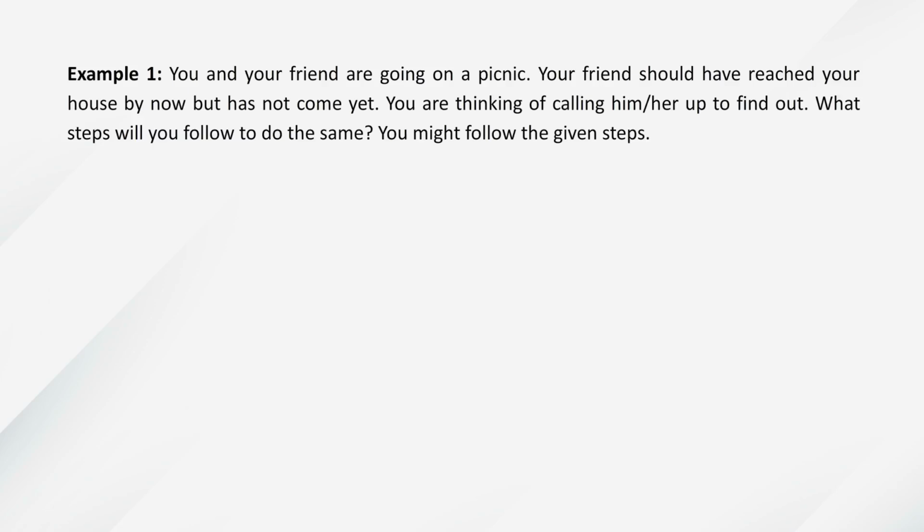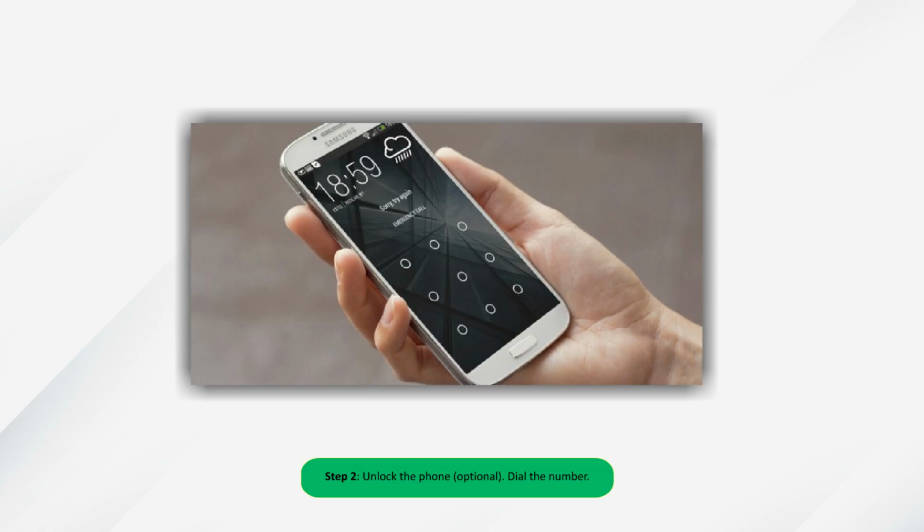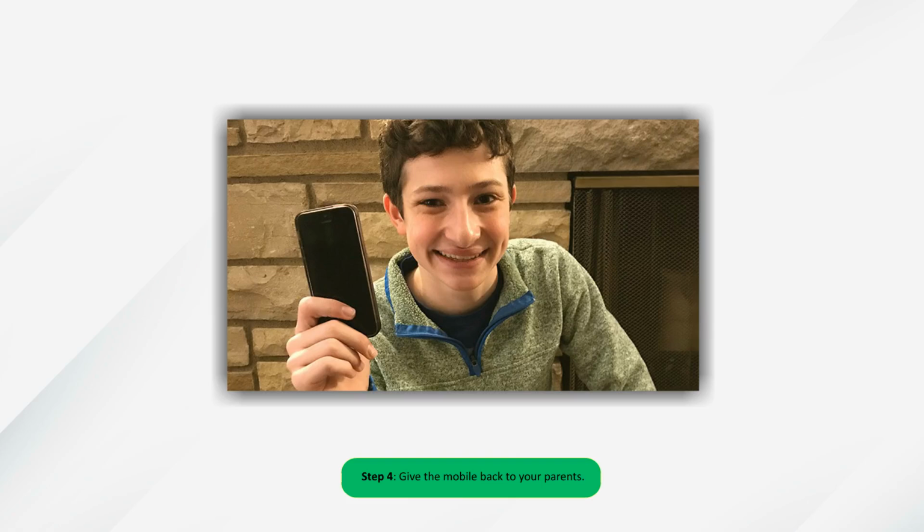You might follow the given steps. Step 1. You will ask for the mobile phone from your parents. Step 2. Unlock the phone, optional. Step 3. Dial the number. Step 4. Talk to your friend. Step 5. Give the mobile back to your parents.